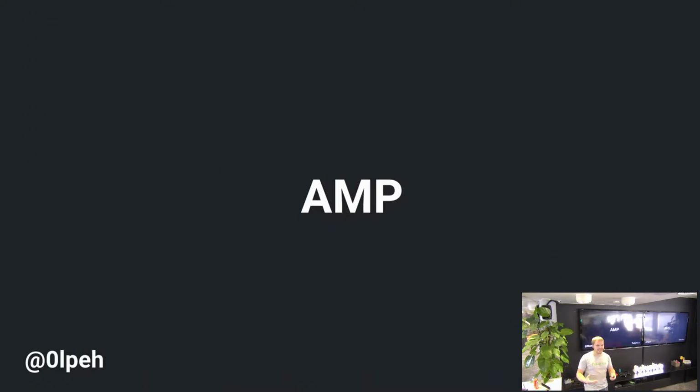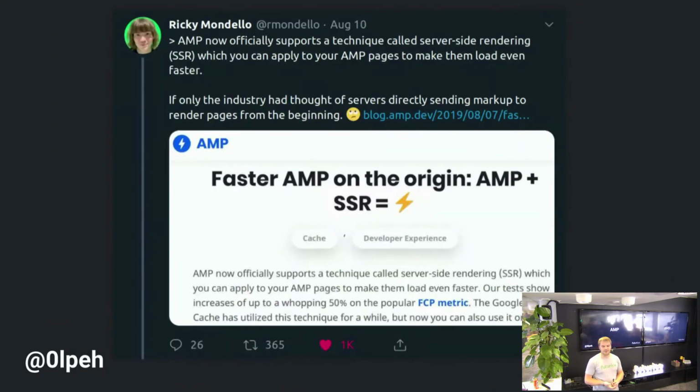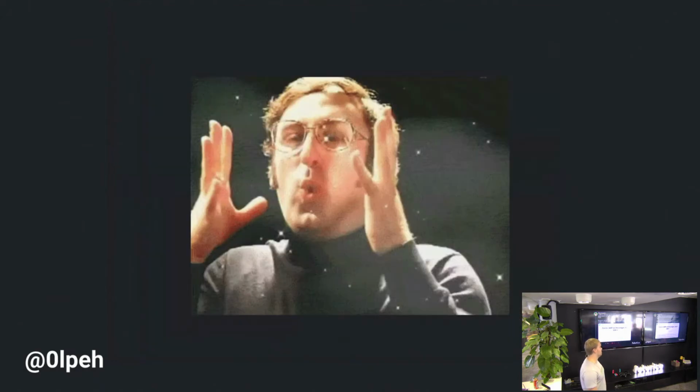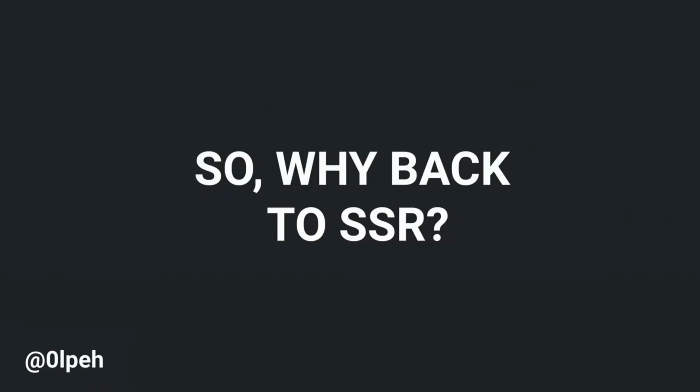And even they came back to this revolutionary technology where you can render your site content on the server. You can use AMP on the server and return HTML to the client. Boom. We have had this for 30 years. Why do you need AMP for that? So I'm trying to explain why even AMP and many projects are going back to doing server-side rendering.